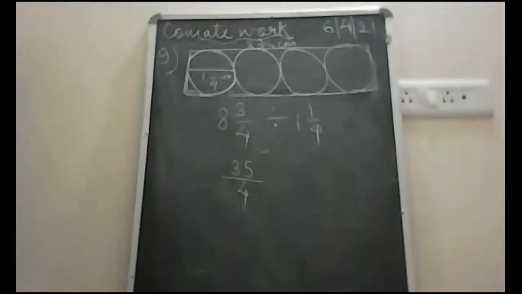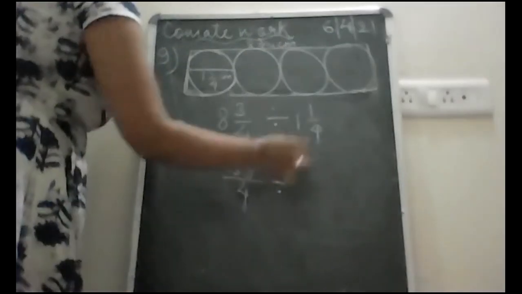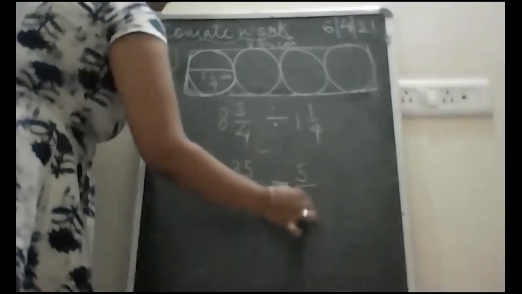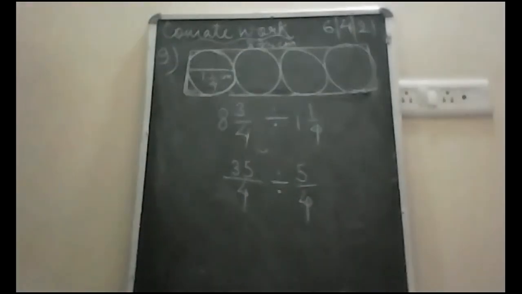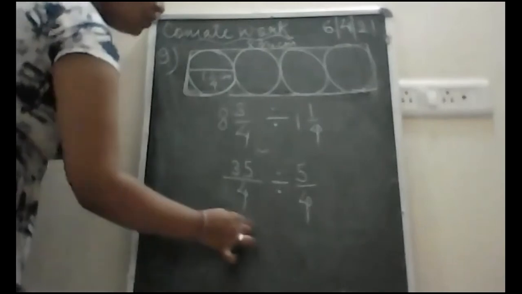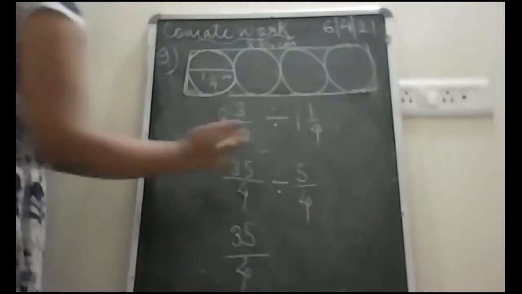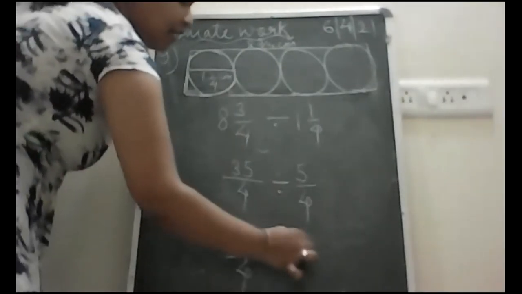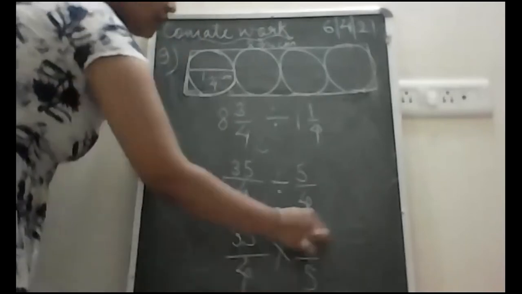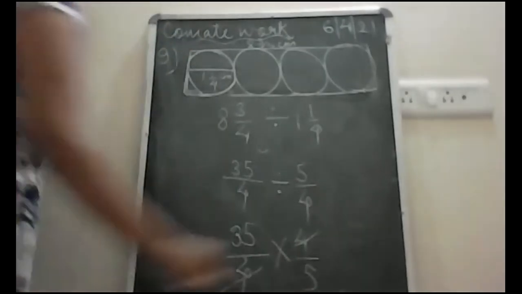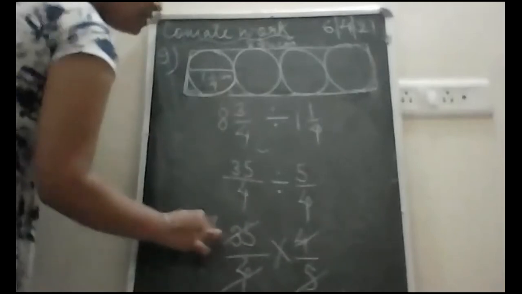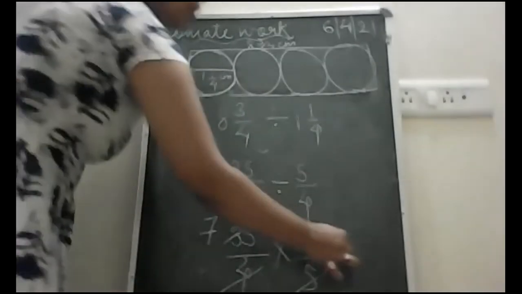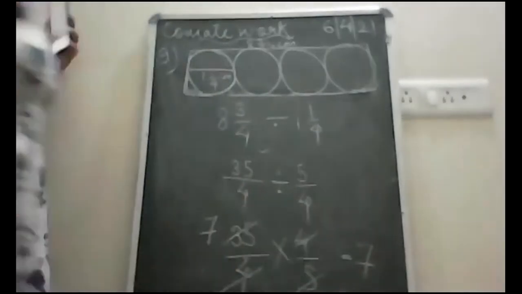So 35 by 4 divided by 5 by 4. When you solve this one, it is 35 by 4, divide will convert into multiply, it will give you 4 by 5. 4 will get cancelled. 5 ones are 5 and 5 sevens are 35. And your total circles will be 7.